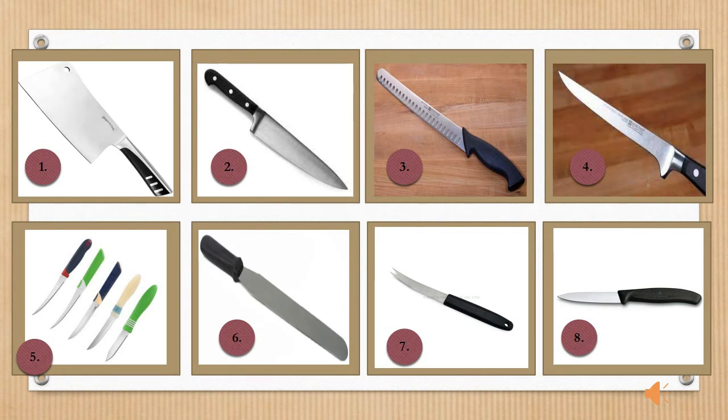Used in leveling of ingredients when measuring ingredients. Citrus knife. Used to section citrus fruits such as oranges and lemons. Lastly, a paring knife, used to peel off fruits and vegetable. And paring knife is considered the smallest type of knife.